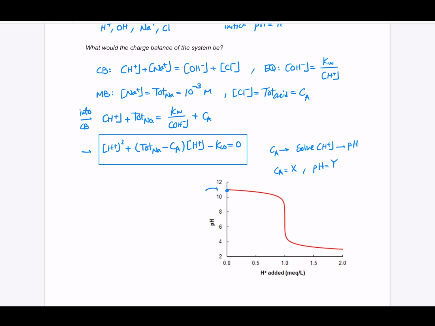So this would be initial pH. And now you're changing that Ca term, just the constant is changed for that quadratic equation. Then you solve for that. And then you get 1 more point in terms of H added. So this is Ca. And then the pH on the y-axis that you're basically calculating.